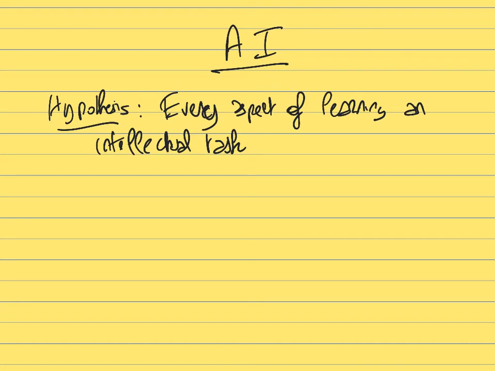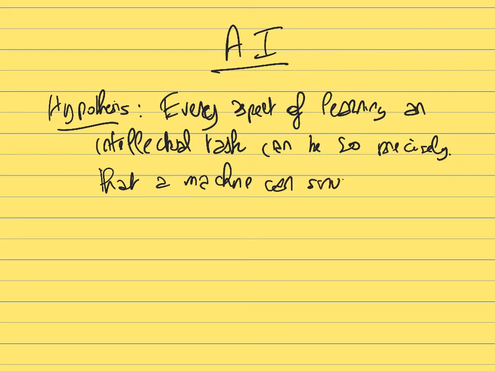The main hypothesis here is that every aspect of the learning of an intellectual task can be so precisely described that a machine can simulate it.